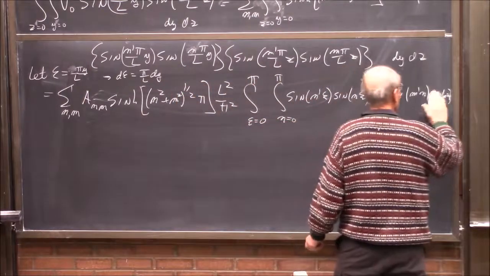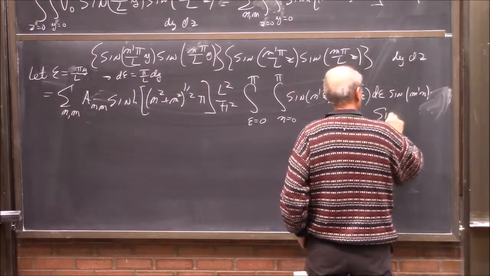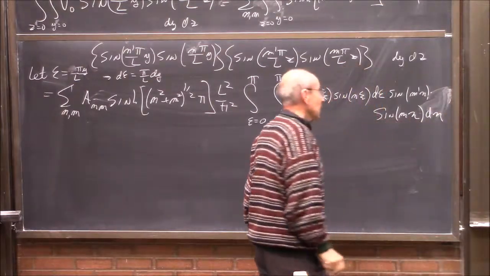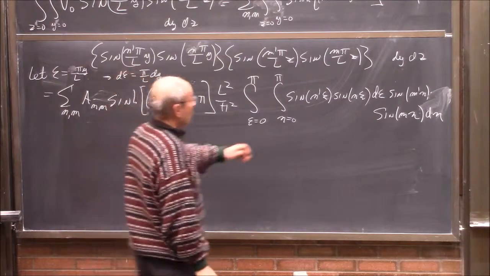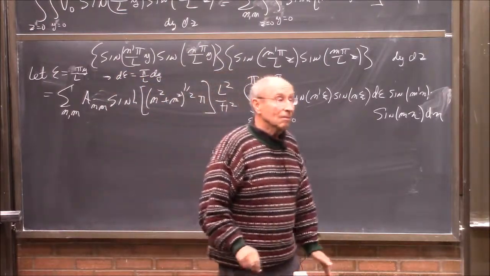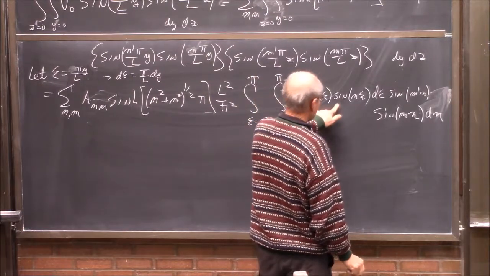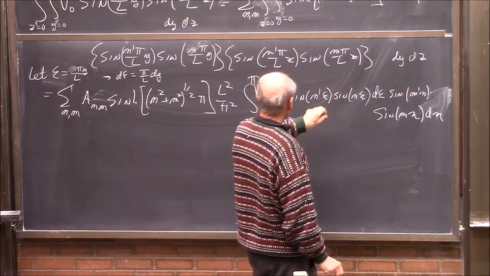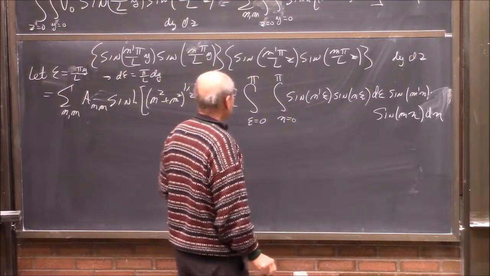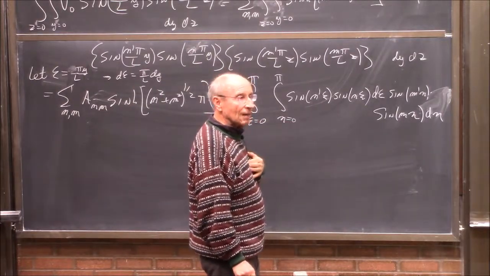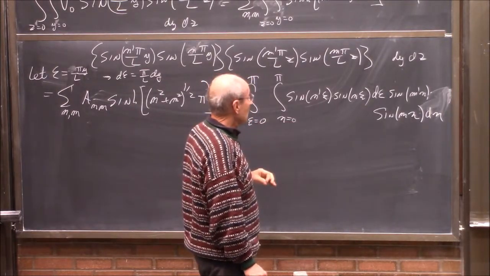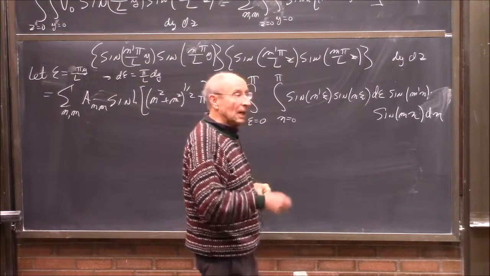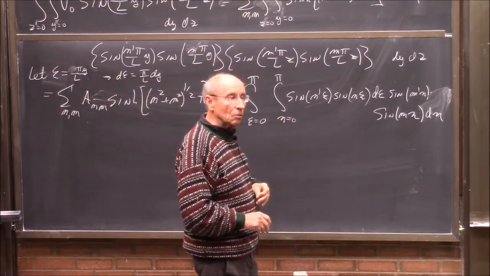Can't read it, so let me write it bigger. Sine m d-eta. Now, I know how to do this integral because that is the integral that I had up there. It's going to be 0 unless n prime is equal to n. If it is equal to n, then it's the integral of sine squared from 0 to pi. That's 1/2, that'll be pi over 2.